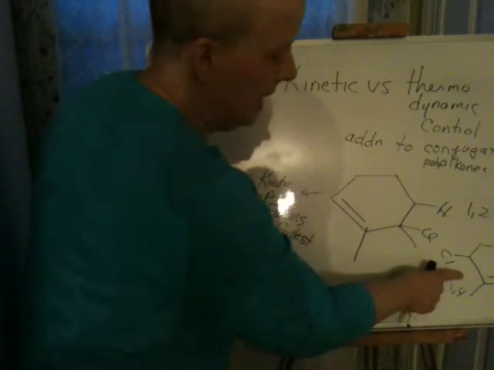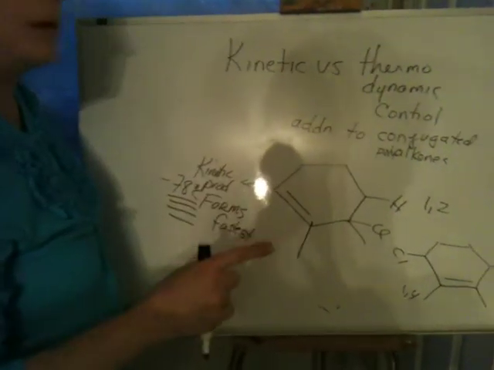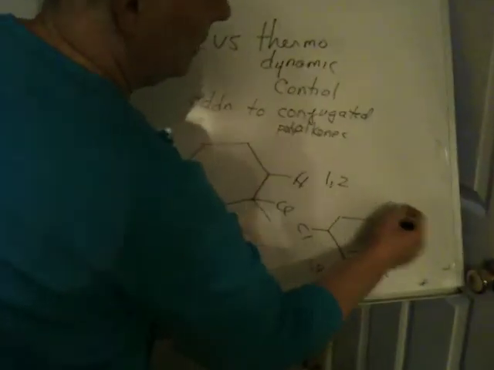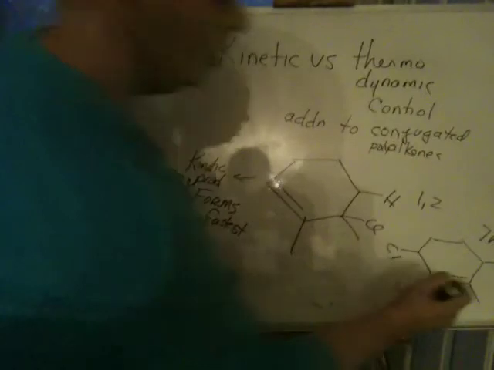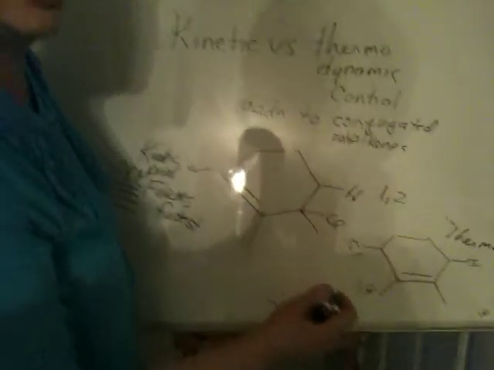This guy, this 1,4, is the thermodynamic product. This would form at elevated temperatures. Why is it the thermodynamic product? Do we look at the cation? No. Don't look at the cation. Look at the double bond for its conjugation, which we don't have any here, and look at the double bond for its substitution.